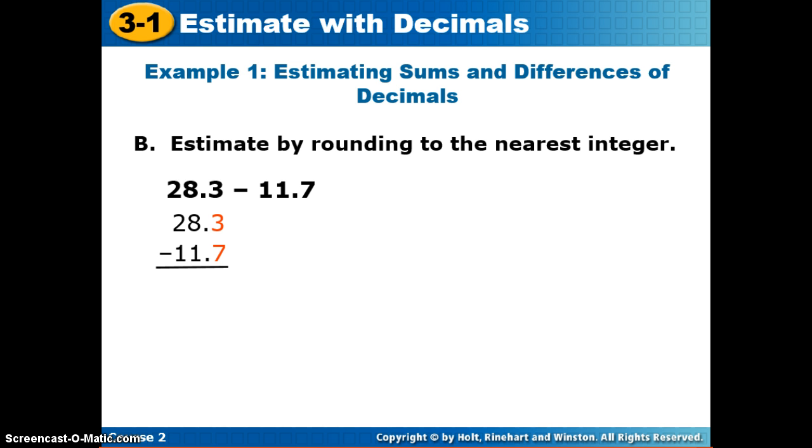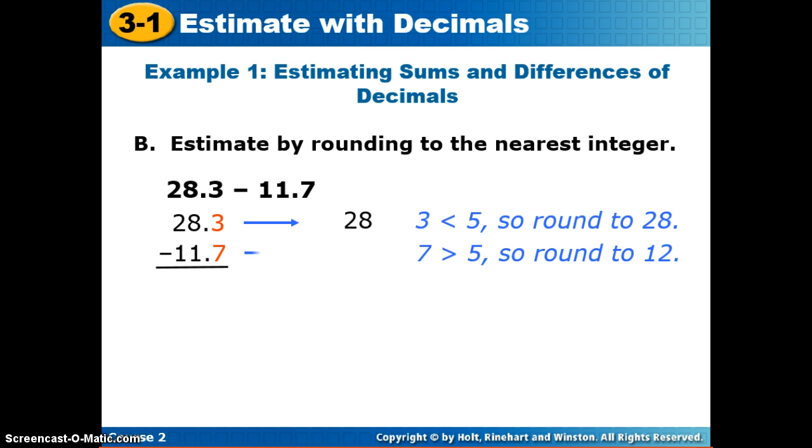So 0.3 is less than 5, so we're going to round 28.3 to 28. 11.7, we can either round to 11 or up to 12. The 7 there is greater than 5, so we're going to round that up to 12. And then we can do our math. So 28 minus 12 gives us 16.